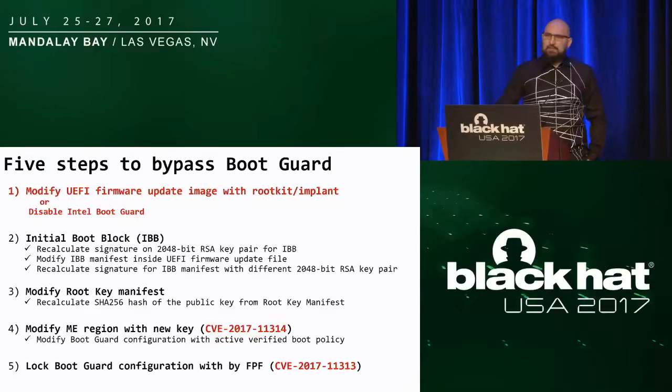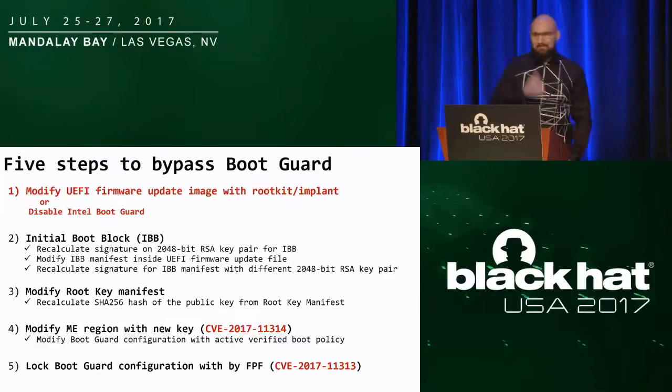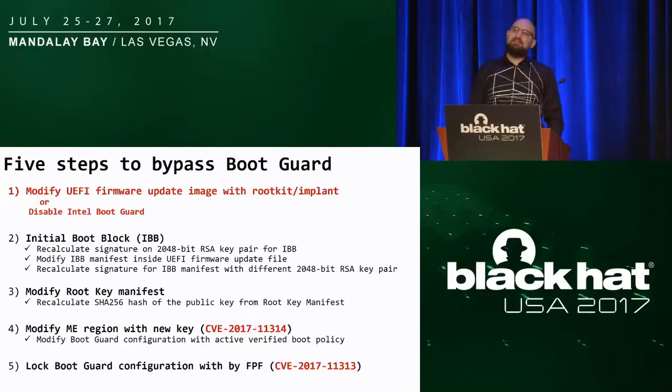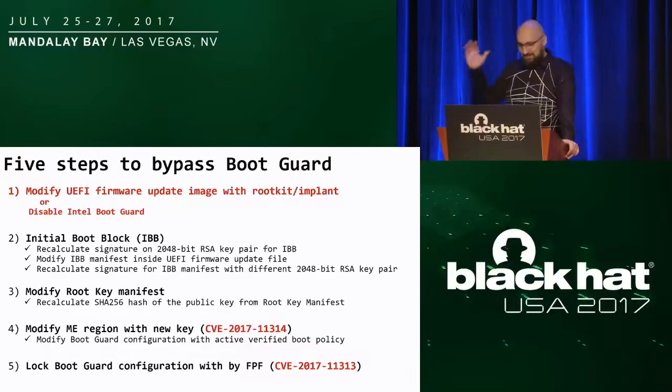We just recalculate the initial boot block, we modify the root key, we actually don't even need to recalculate all the things. We can just clean up and lock the rootkit with empty configuration, but it's not fun. We can actually recalculate all the things and make a proper configuration for the malicious POC.